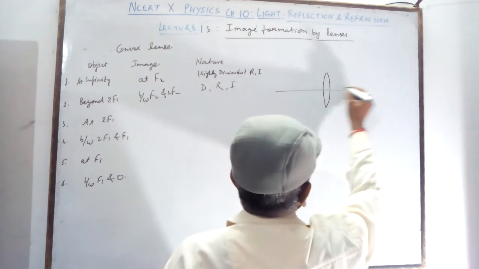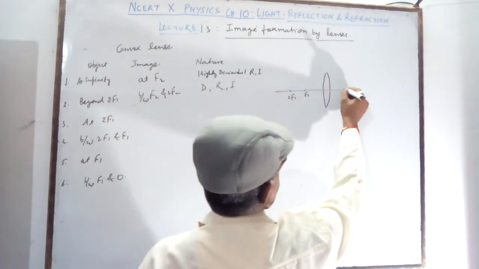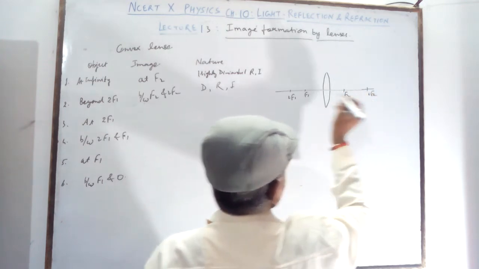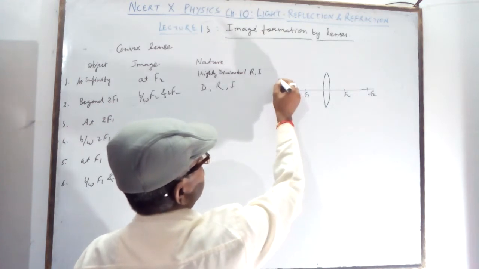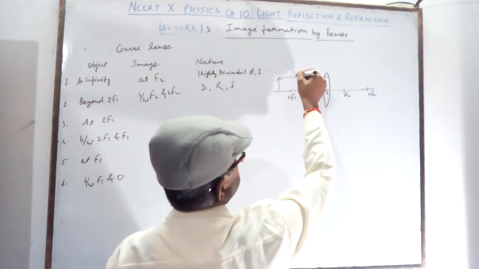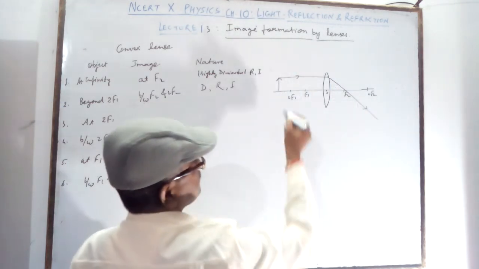Here it is F1, 2F1, F2, 2F2. When the object is beyond 2F1, then the image will be formed as follows. Here is the optical center. One ray passes through the focus.